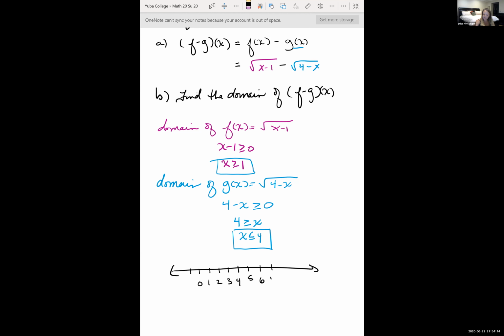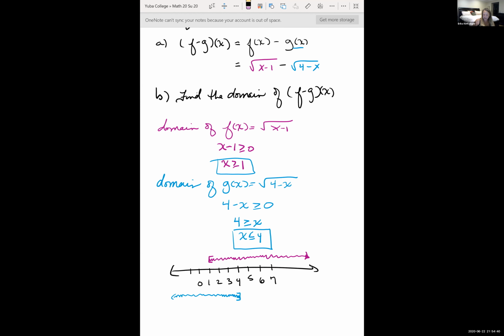So we know x is greater than or equal to 1. And so it's at 1, a bracket, everything to the right of 1. X is less than or equal to 4. So locate 4 on the number line. It's a bracket because it includes the equal to part, everything to the left of it.